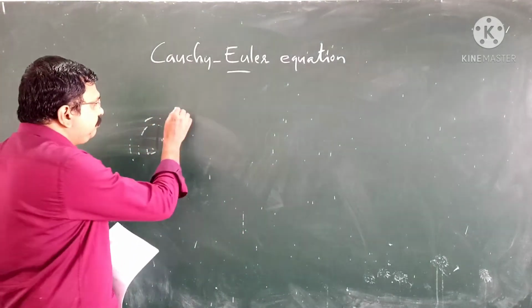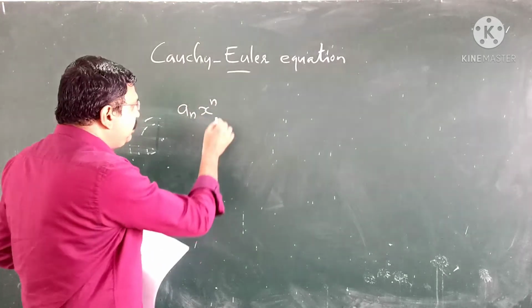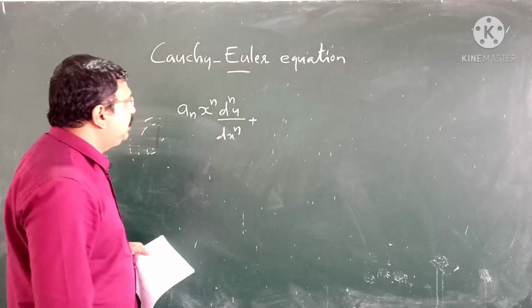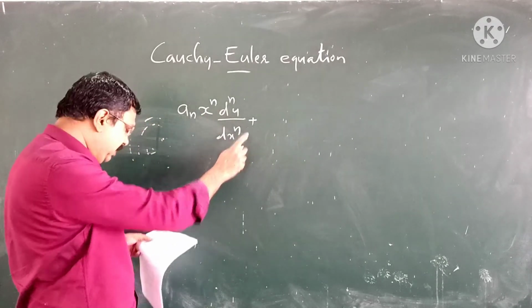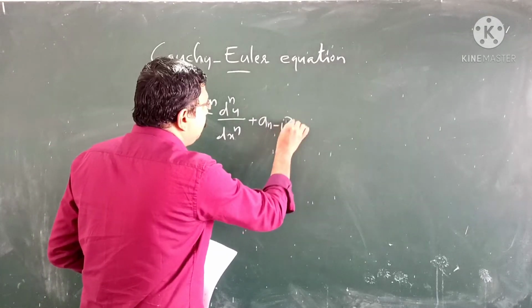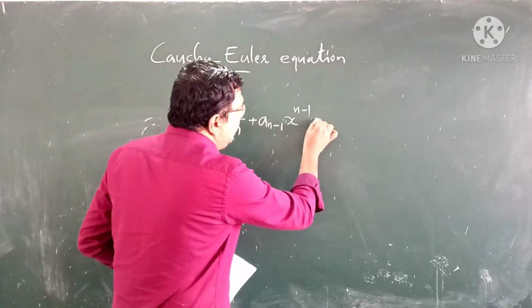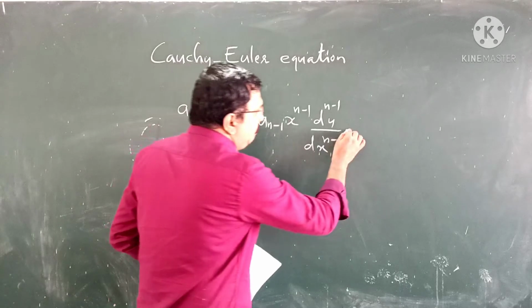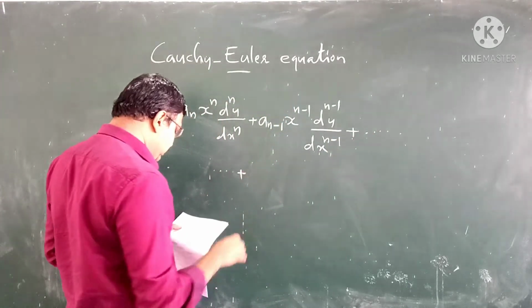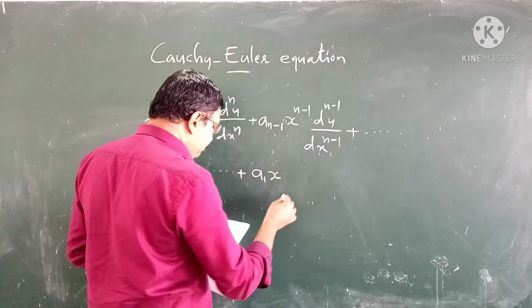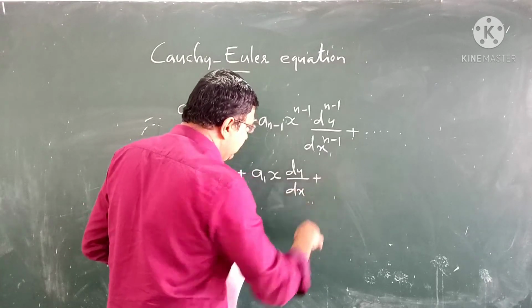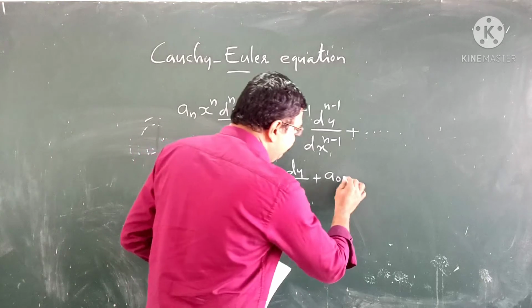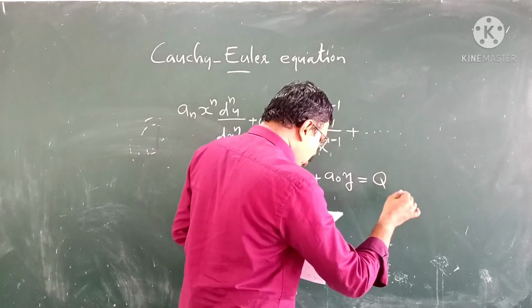An equation of the form a_n x^n d^n y/dx^n + a_(n-1) x^(n-1) d^(n-1) y/dx^(n-1) + etc. + a_1 x dy/dx + a_0 (that is, x raised to 0) y = q(x).